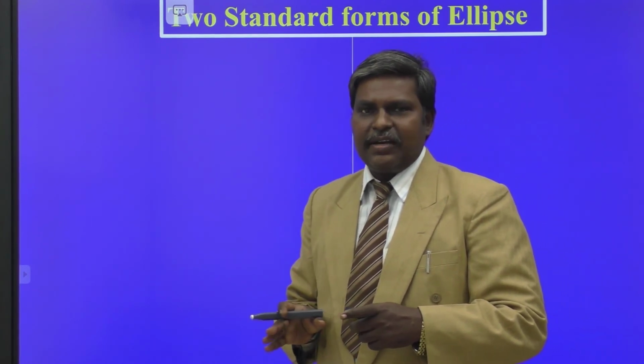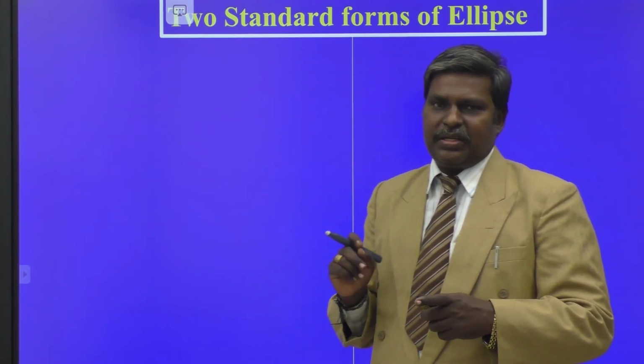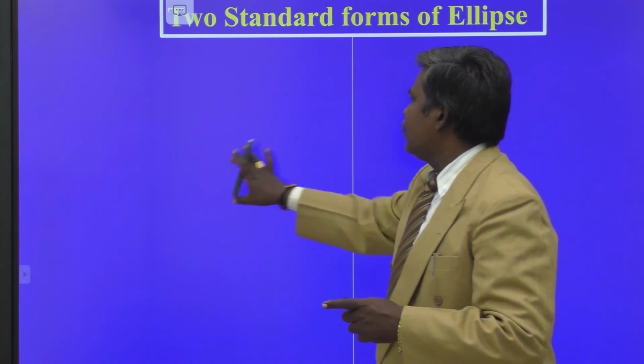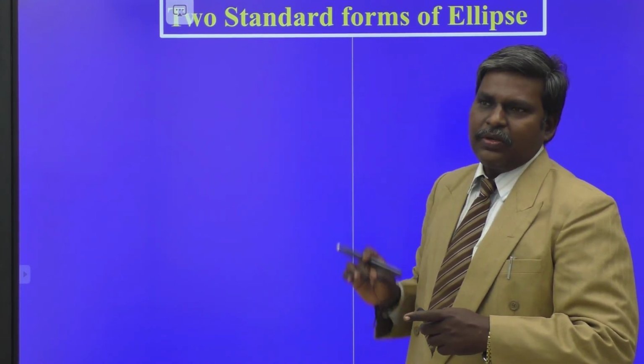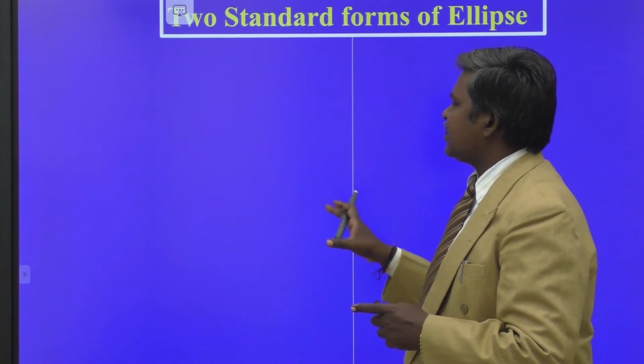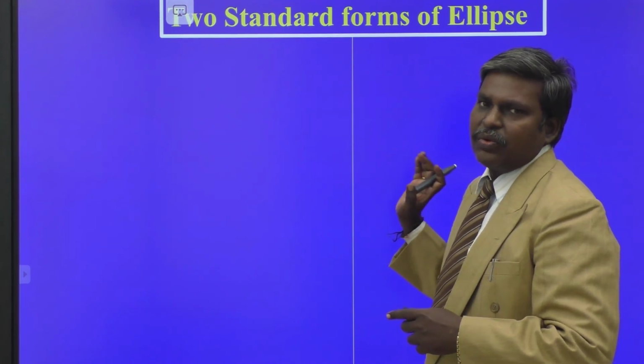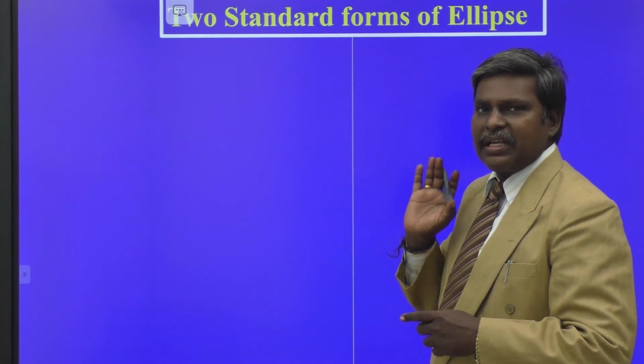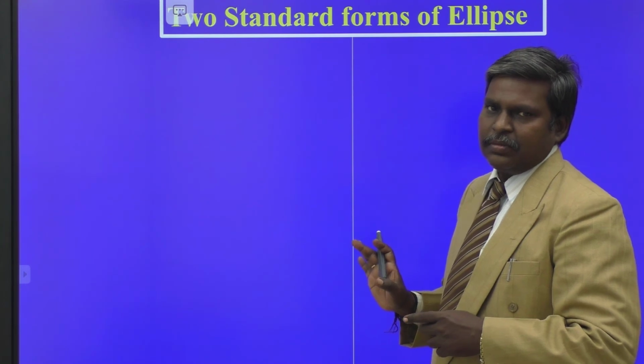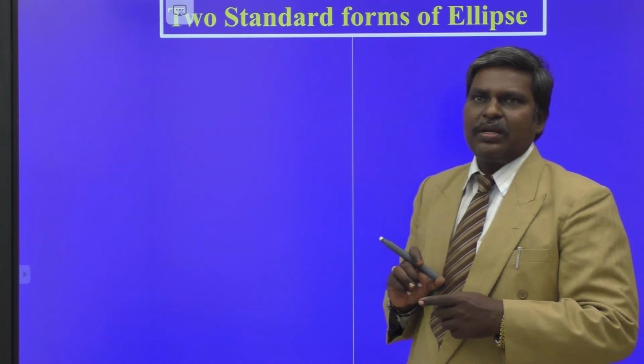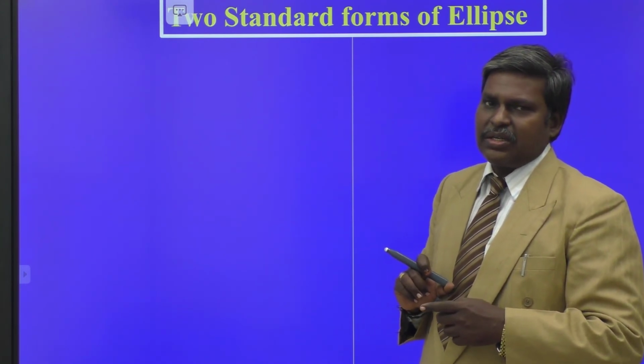The equation is the same, but for a less than b we obtain that one. So majorly you have two different standard forms. For a greater than b, we have one standard form. For a less than b, we have the other standard form. But their equations are the same, that is x square by a square plus y square by b square is equal to 1.